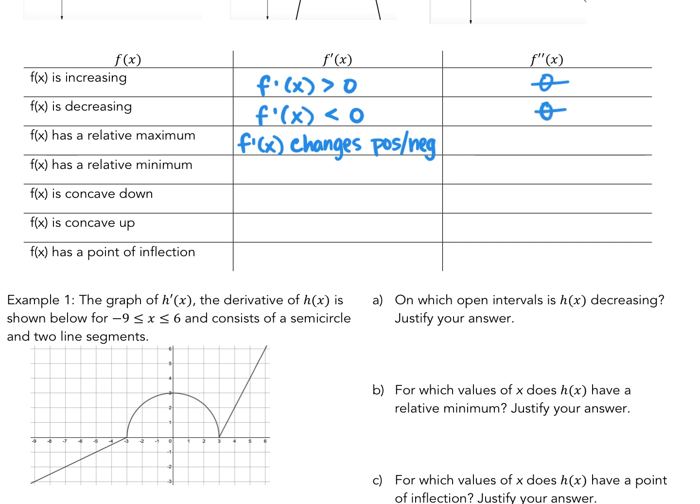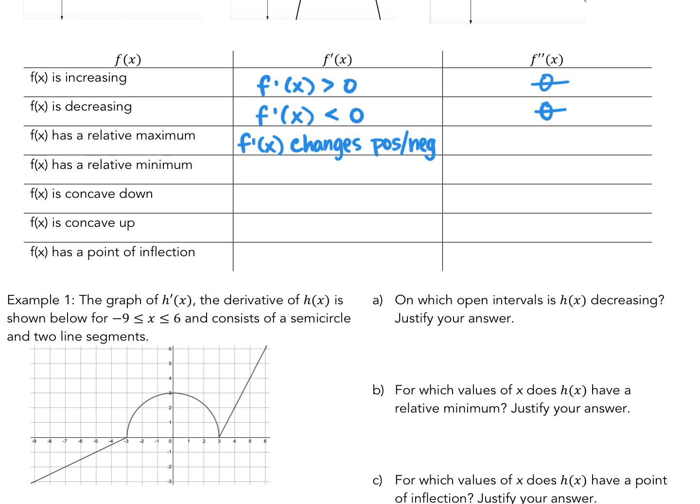Is there any way to prove that you have a relative maximum based on the concavity? Negative concavity combined with what? F prime of X being equal to 0.